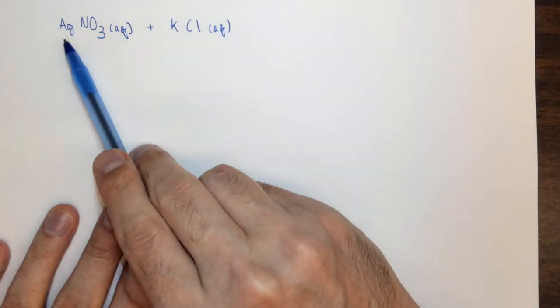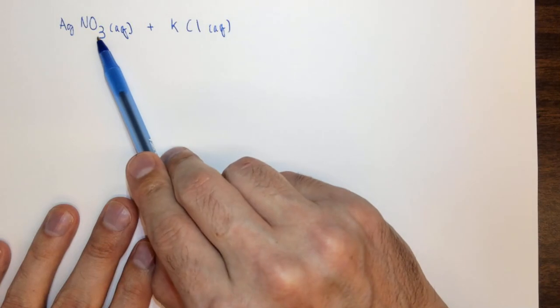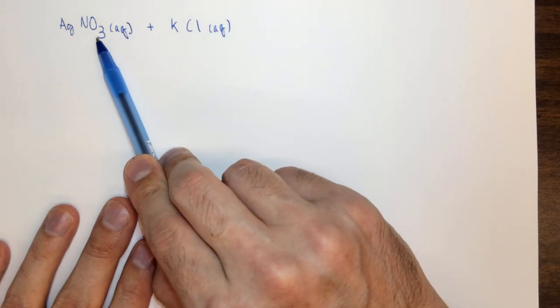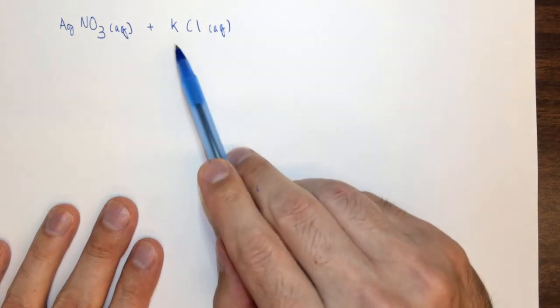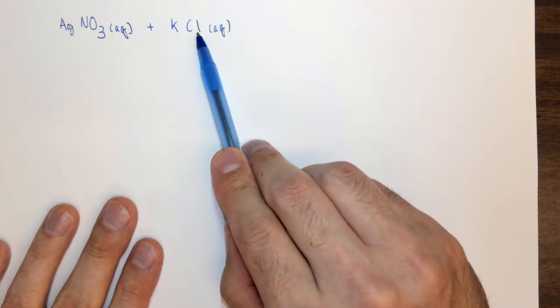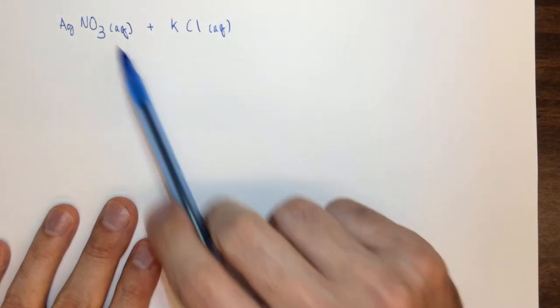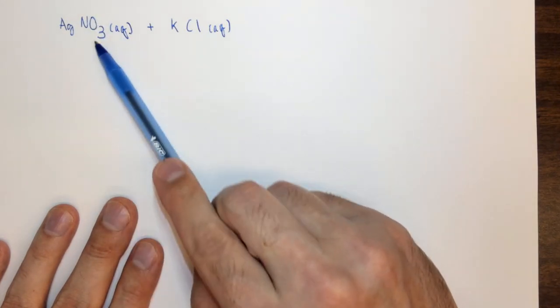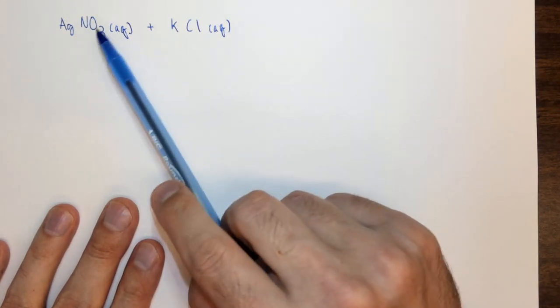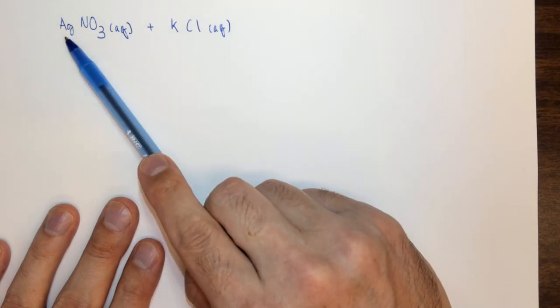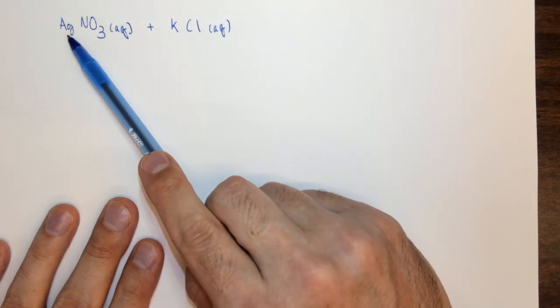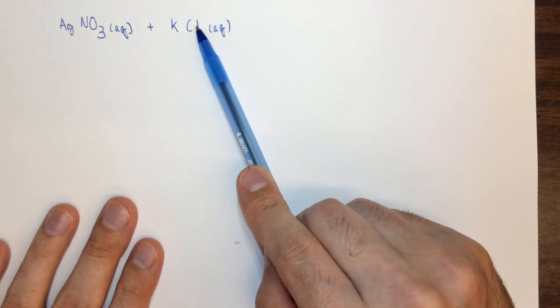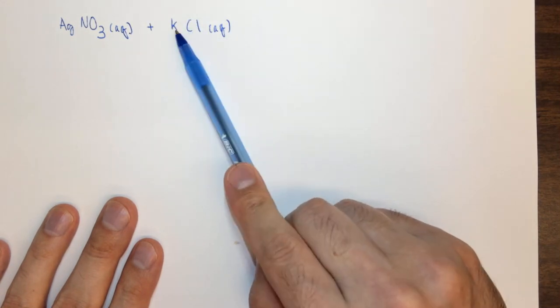So what's going to happen is you're going to end up with Ag plus and NO3 minus in solution. Here you're going to end up with K plus and Cl minus in solution. These are going to both dissociate because they're both soluble in water. Now, if Ag continues to interact with NO3, that's not chemistry. So Ag's choices are to either interact with Cl minus or K plus.